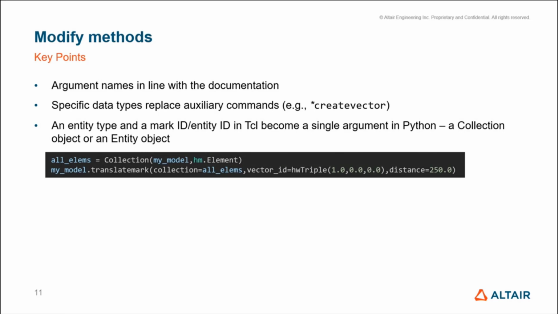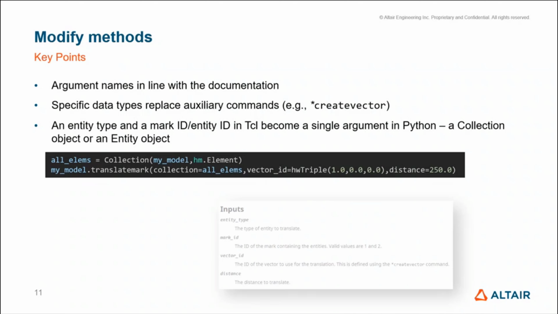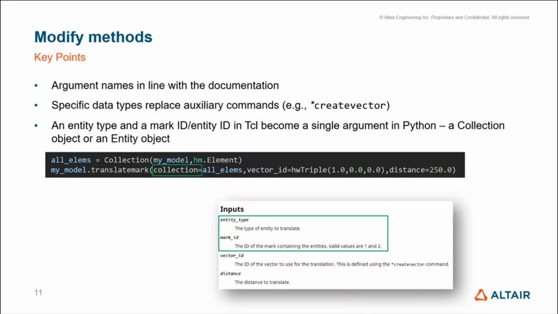Again, just to very quickly link things to the world of TCL, if you look at the translate mark command here. In Python, we've got 3 arguments: collection, a vector ID, and a distance. Looking at the existing documentation, the list of input files, the lists entity type, mark ID, vector ID, and distance. So you can see in Python, these 2 arguments become one simple collection object.